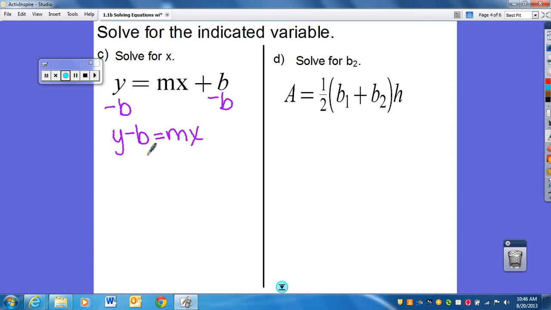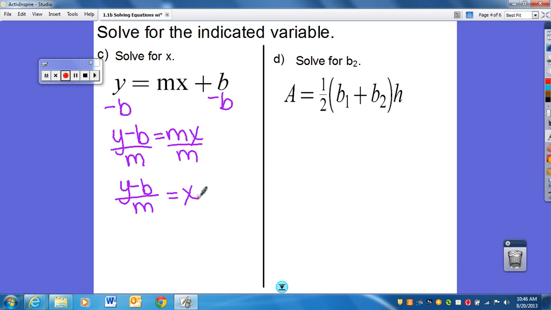And now to get the x by itself, I want to divide both sides of the equation by m, which is the opposite operation. So the expression that I have remaining is y minus b divided by m is equal to x. And I have the x now by itself.